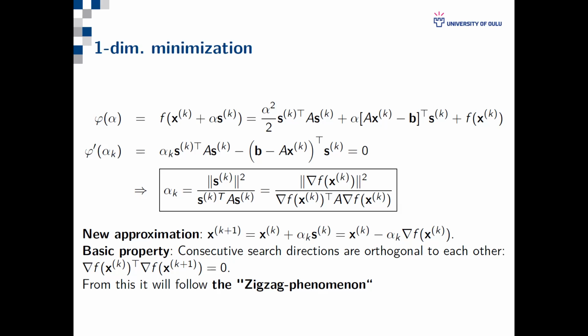Here it's alpha squared divided by 2, and then you have this number, the quadratic form of the matrix A with respect to the search direction sk, minus alpha times the gradient of our cost function at the point xk and sk, which is my b minus Axk, minus of the gradient.